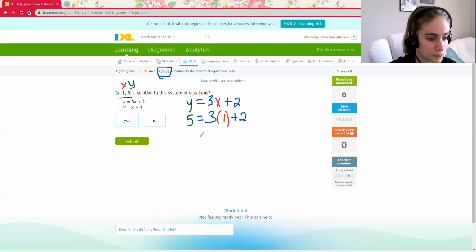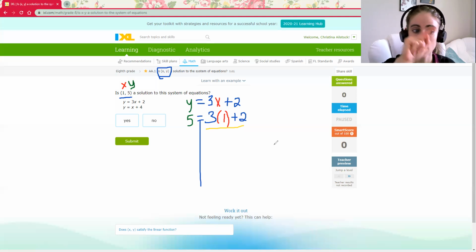Nothing needs to be done with the 5. I just need to simplify this side here and see if I end up getting the answer of 5. Well, order of operations says multiplication comes before addition. 3 times 1 is 3.